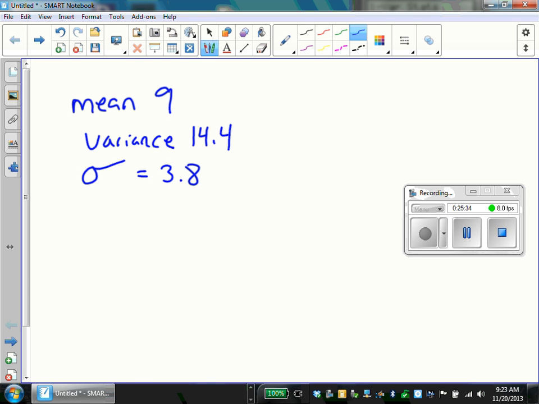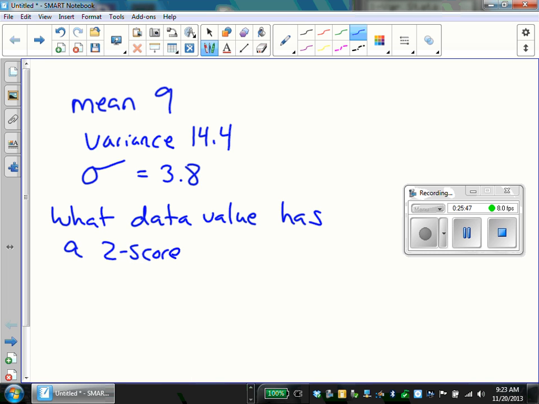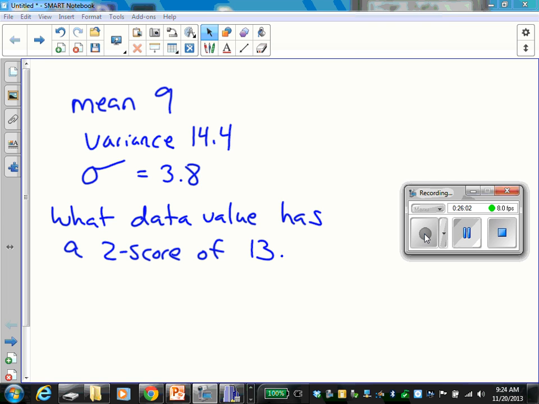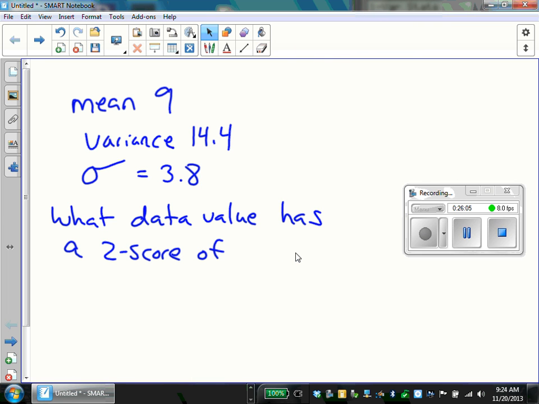I want to know what data value has a z-score of, let's go 13. Sorry, let me change this. Has a z-score of 2.5.